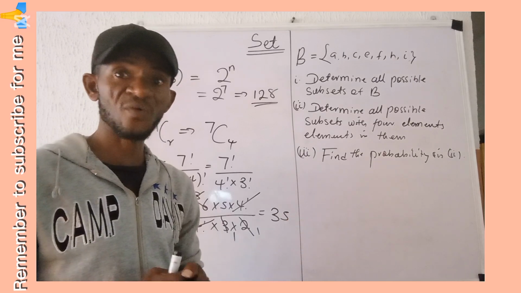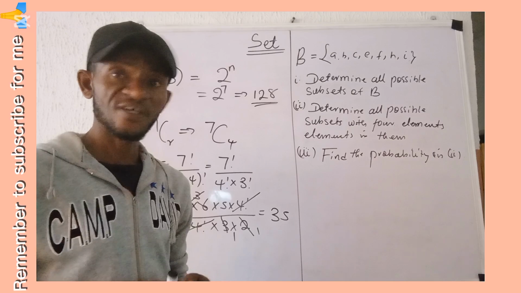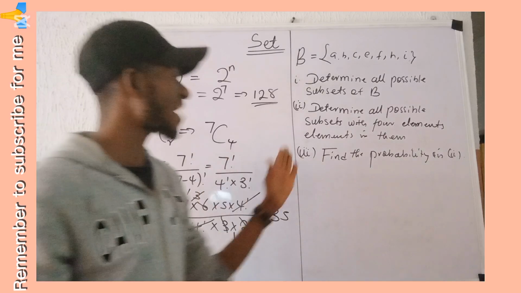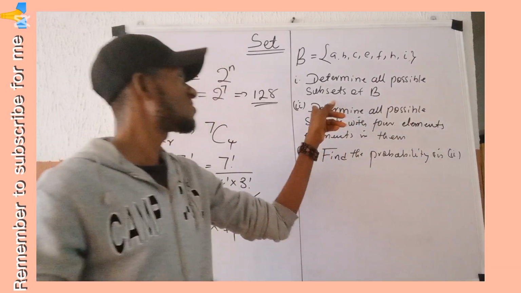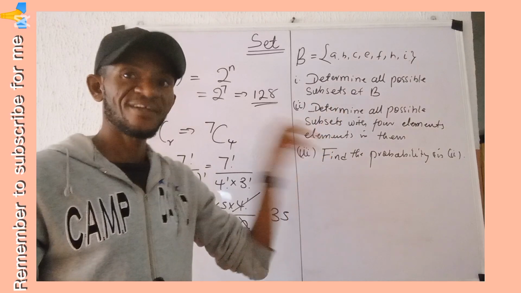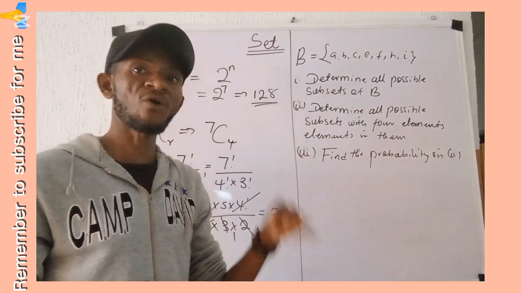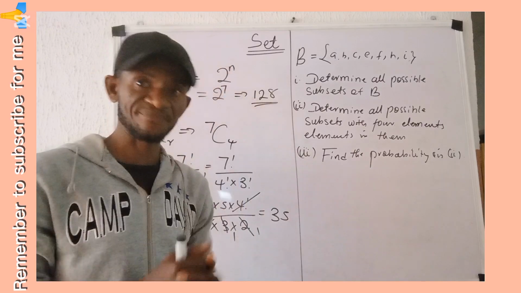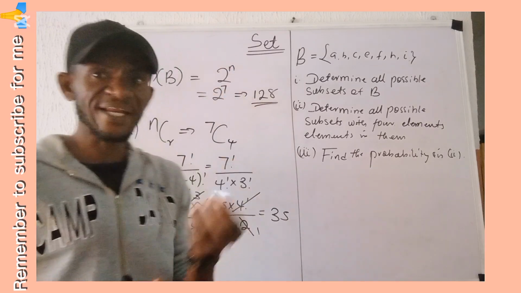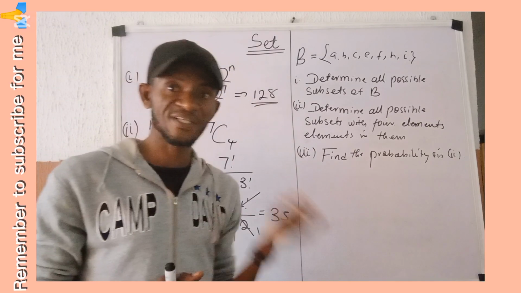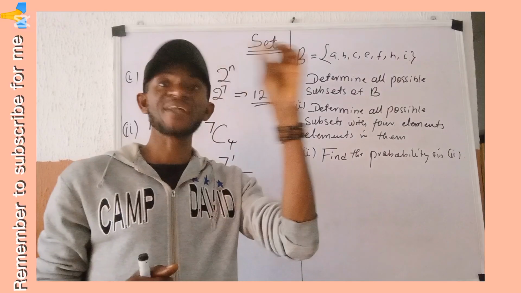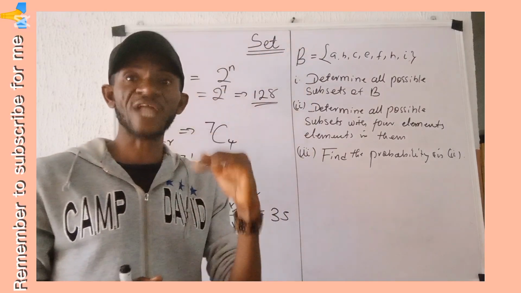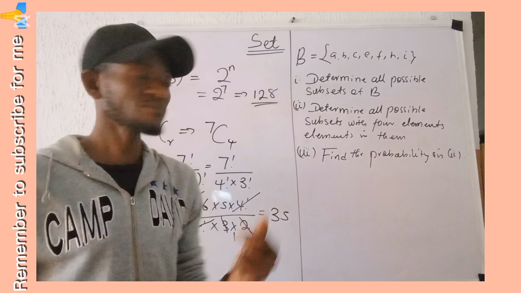They are 35 in number. So the next question says I should find the probability of the question II. That is, I should find the probability of all possible subsets with 4 elements inside them. Remember the primary definition of a probability, that it is the expected outcome all over total possible outcome.